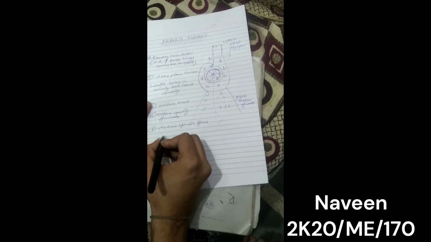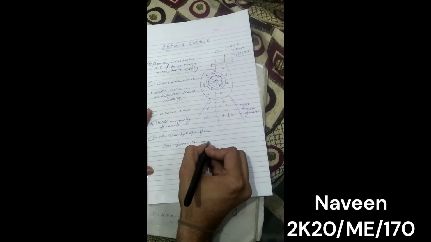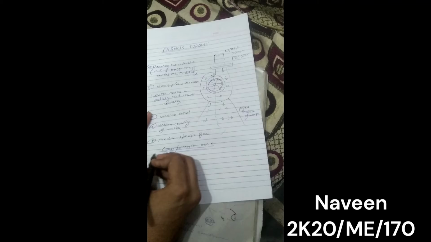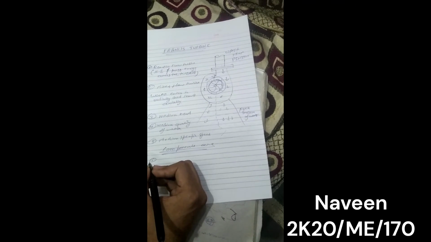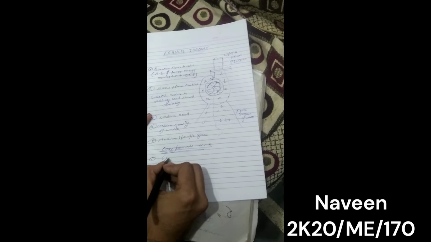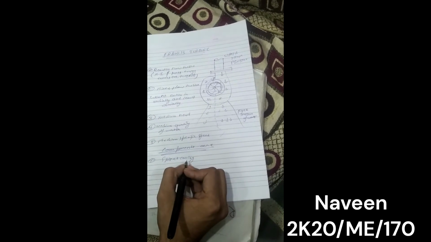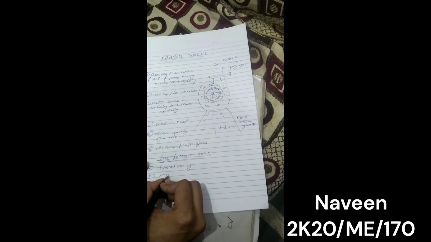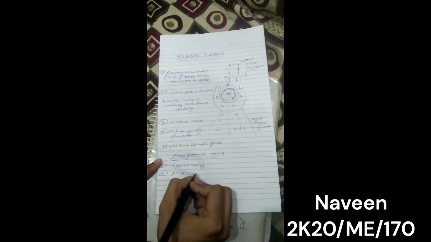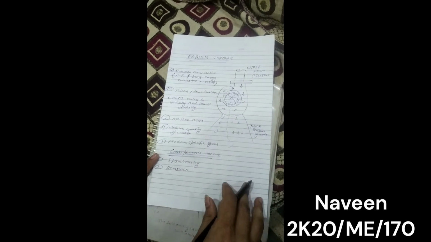And there are some components. Firstly the spiral casing, secondly the penstock. In this part, the top view is the spiral casing.